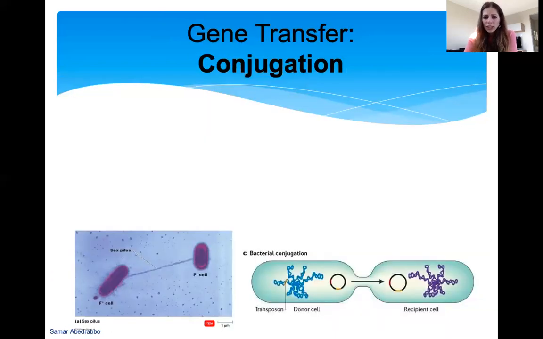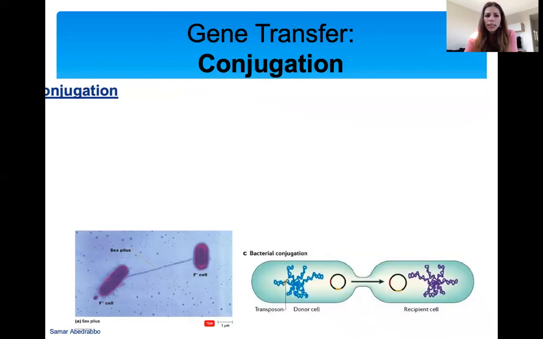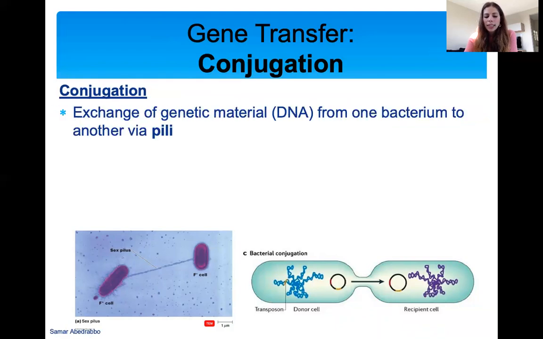Finally, conjugation. Conjugation is when bacteria can exchange DNA between each other using pili. Remember we talked about during cell structures that some bacteria have pili, which are hair-like appendages, and one function of pili is to do conjugation.